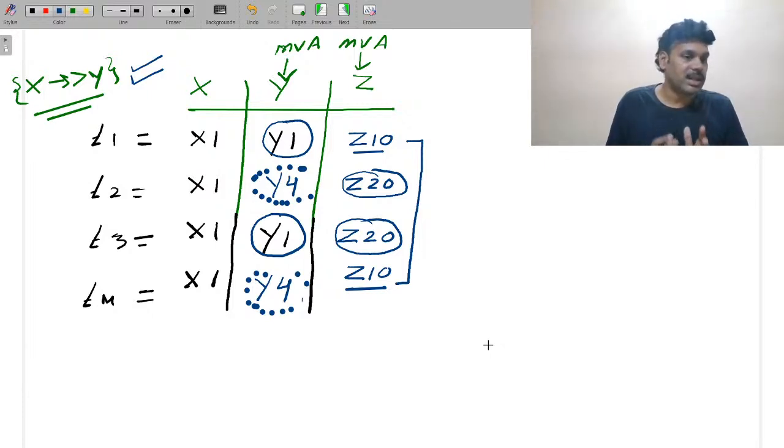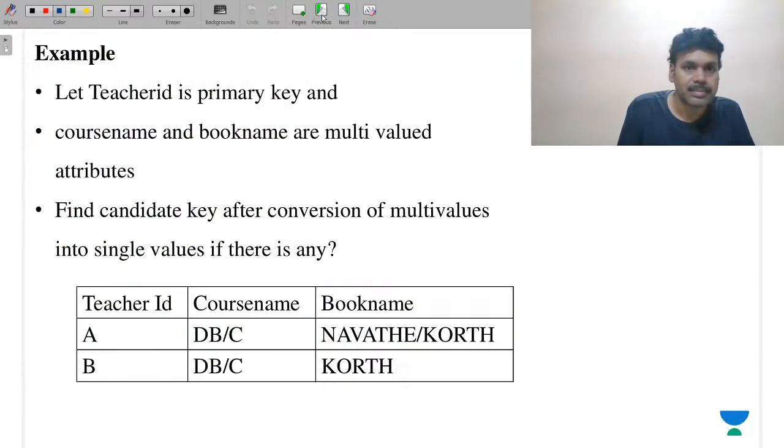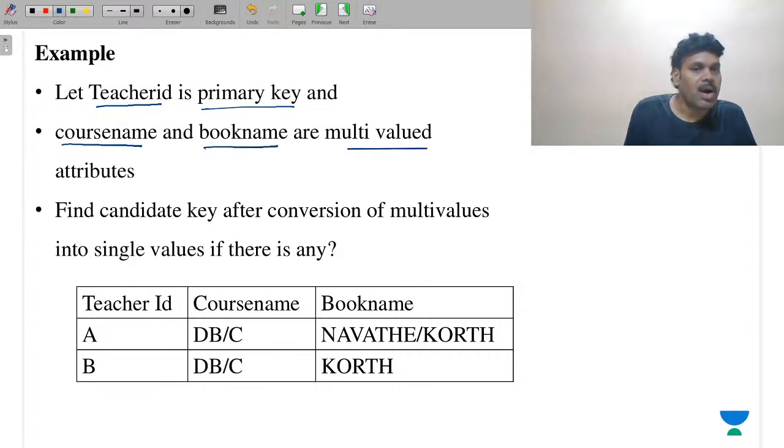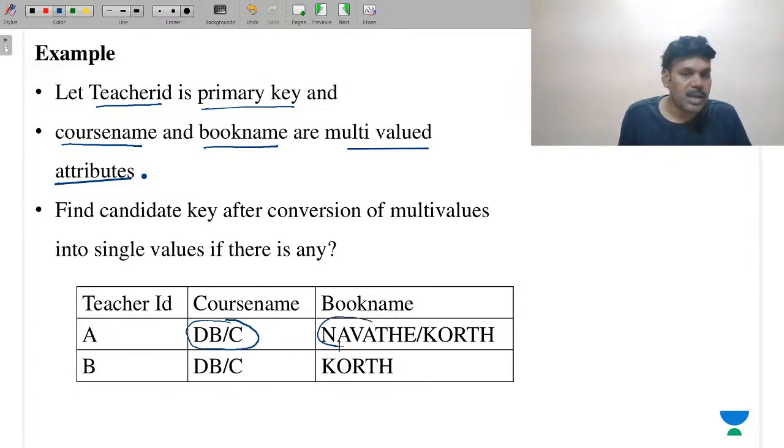Now our doubt is why we are forming the data like this. There is a reason. What is the reason? Come here. Observe this example. This example says teacher ID is a primary key, and course name and book name are multi-value attributes. Please observe, there are pairs of values in course and pairs of values in book.